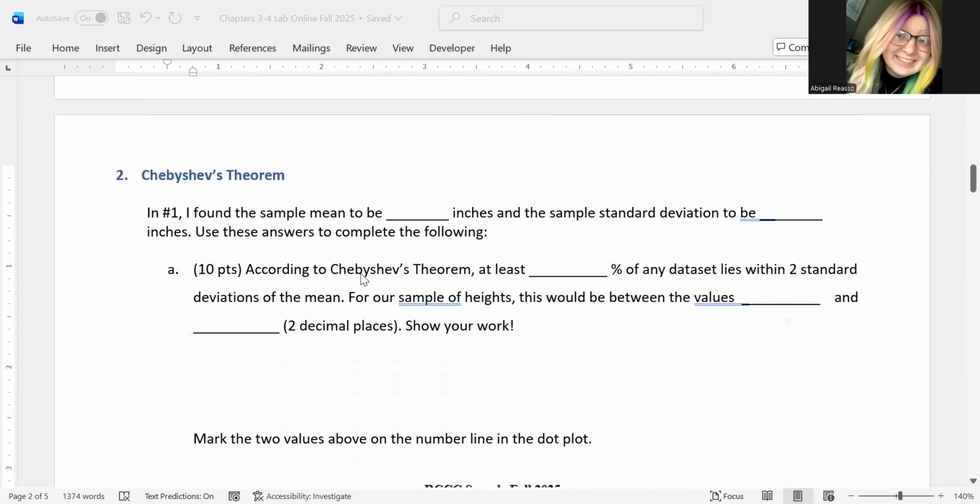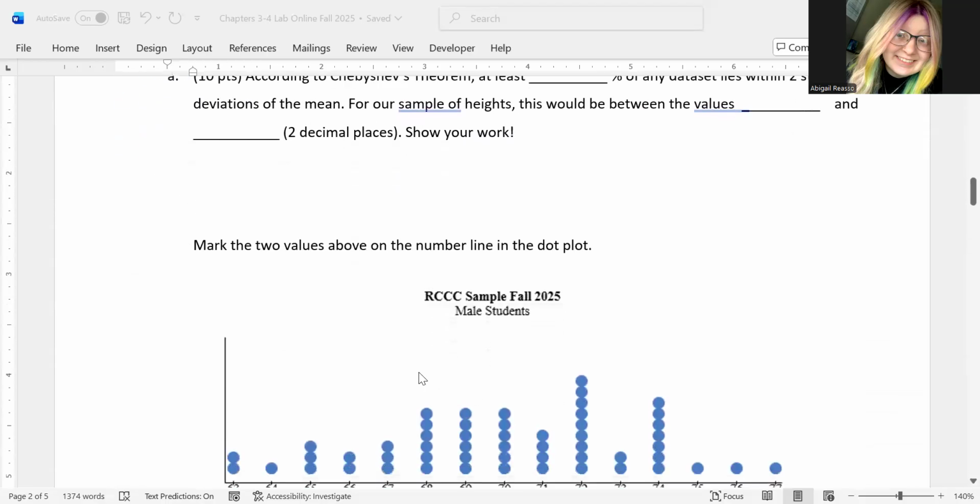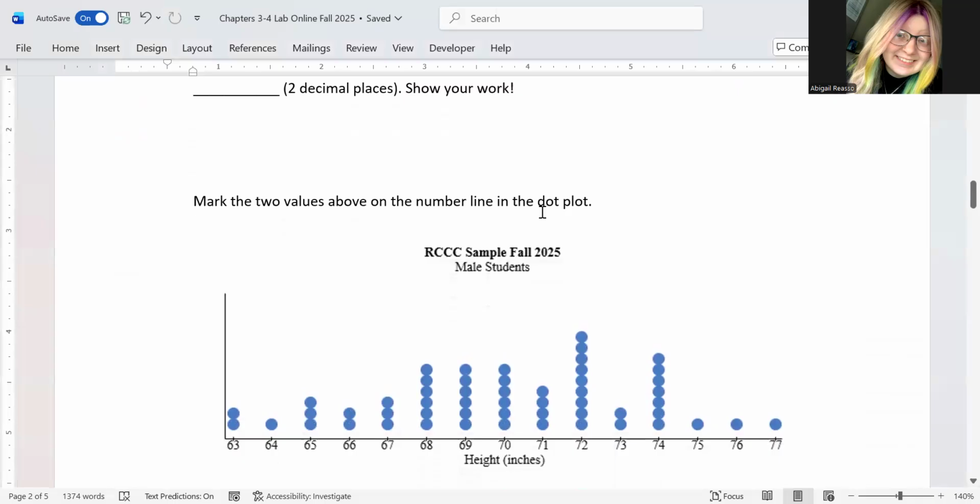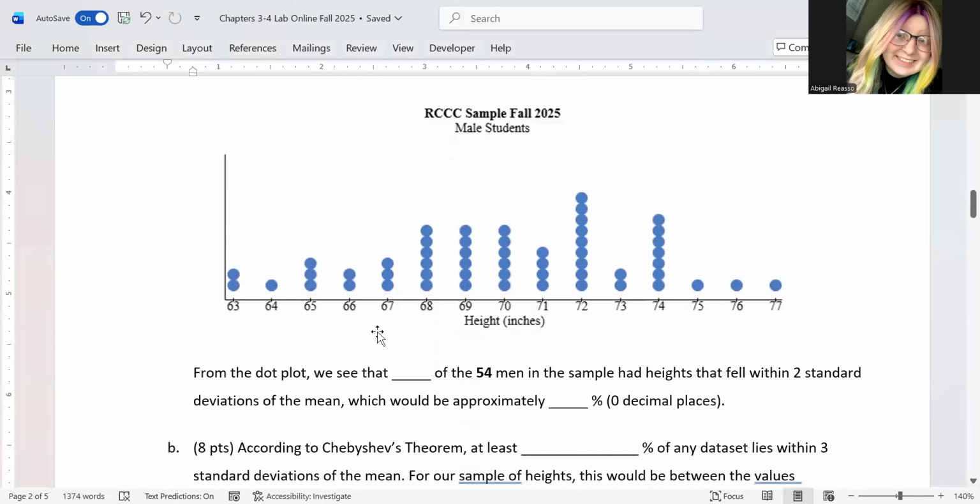And we're going to find our Chebyshev's theorem for 2 standard deviations. You'll put your percentage here and you'll calculate those values. And there's enough room here to show your work for that. Okay. Once you find those 2 values, you're going to mark them on the number line. So maybe you have 65.5.